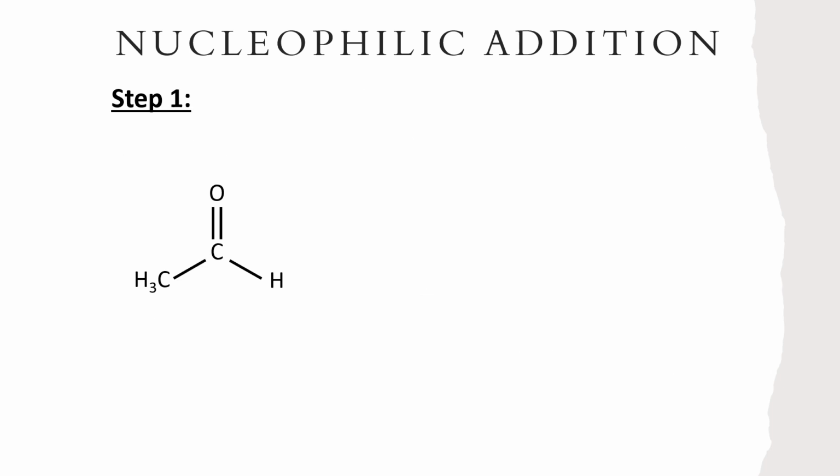Let us examine the details in the two-step mechanism more closely. Due to the higher electronegativity of oxygen, the carbonyl carbon is electron deficient. This is shown by the partial charges. Being a nucleophile, CN- donates its lone pair of electrons on its carbon atom to the electron deficient carbonyl carbon.